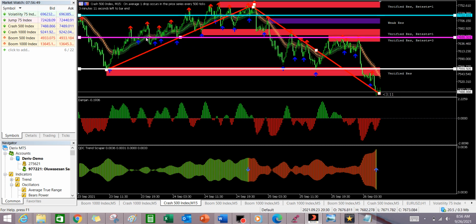If I put my stop loss here and this spike happens, it will only take it to my stop loss. It will get to my stop loss and probably push it back a bit, but it won't wipe off the whole of my profit.